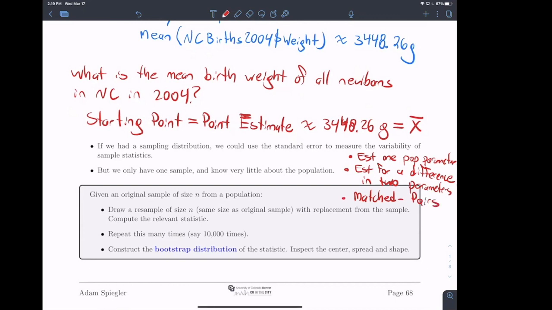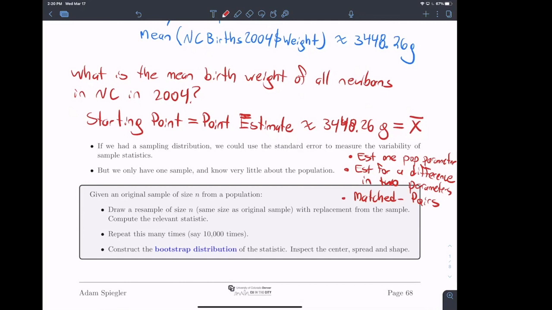The philosophy about what we're doing and why we're doing it is going to be the same in these situations, but how we execute it is going to be a little bit different depending on whether things are matched or not matched and so on. So just be careful that these problems are done differently depending on what it is you're trying to estimate. So you want to think about that first before you jump into how we are going to create bootstrap samples.